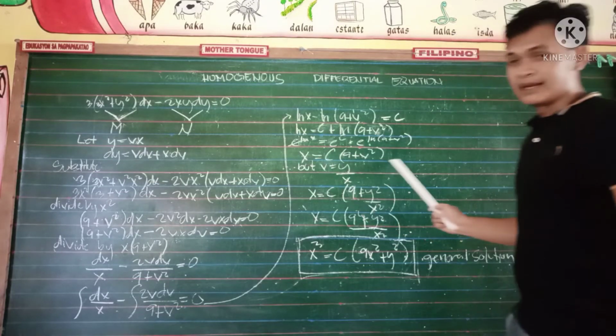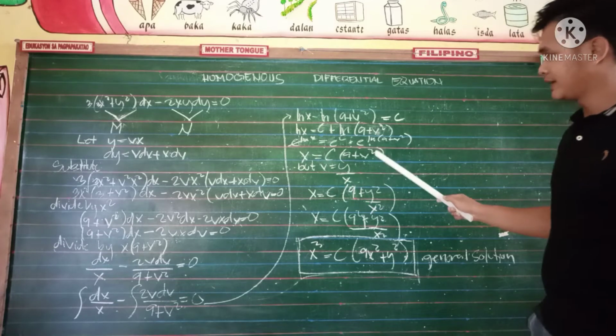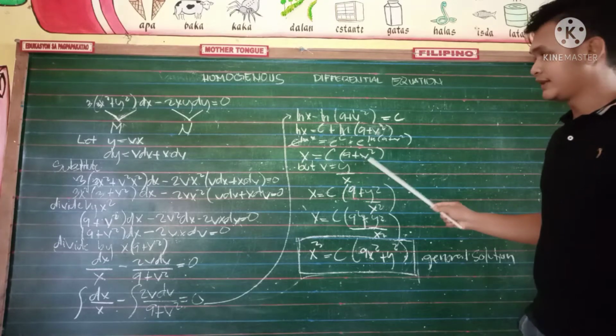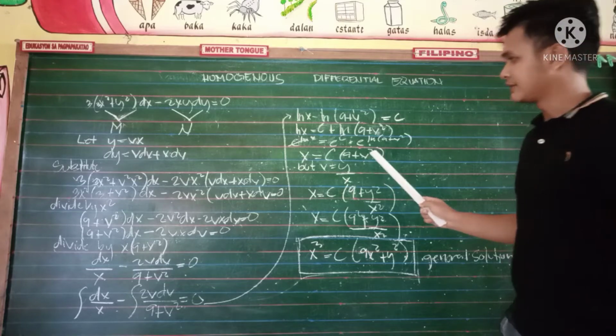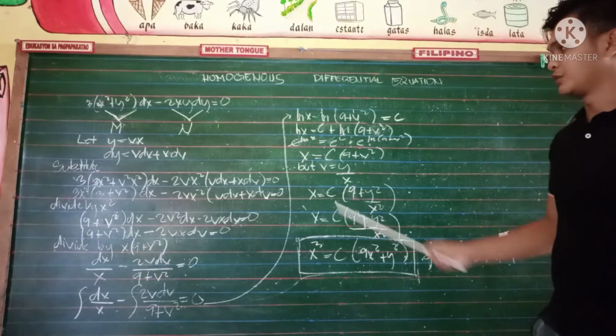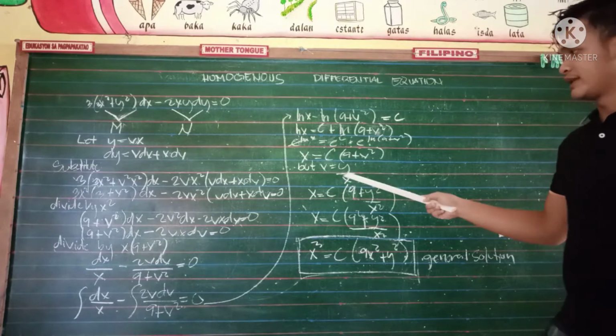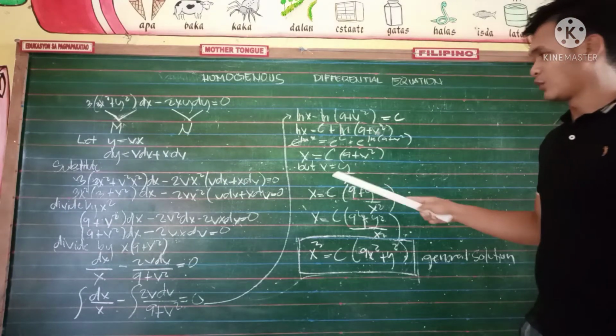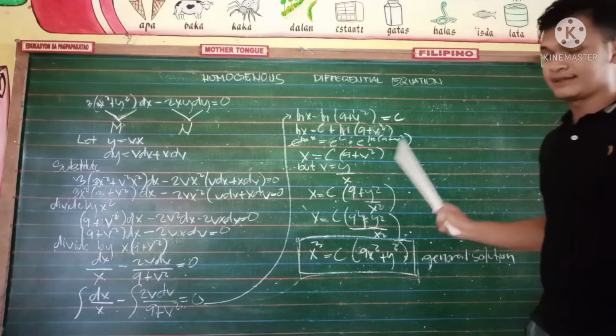It is not our final answer because there is a v in this answer. We go back to the solution. But v is equal to y over x. We will substitute v with y over x in order to get the final answer.